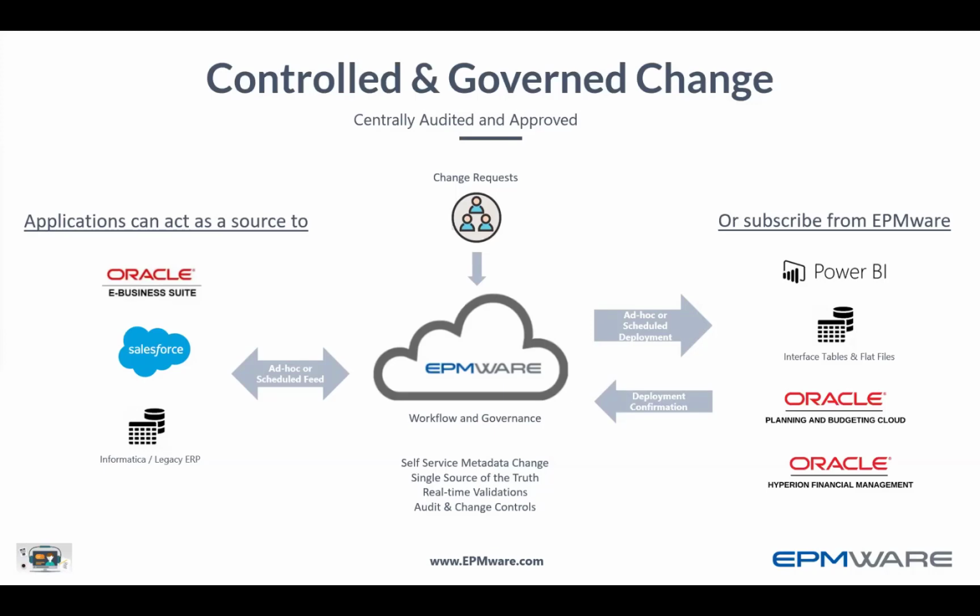But we can create a level of automation or even manual request processes within EPMware to make sure that where we need controlled audit and governance, validations and mapping, we keep that process intact.